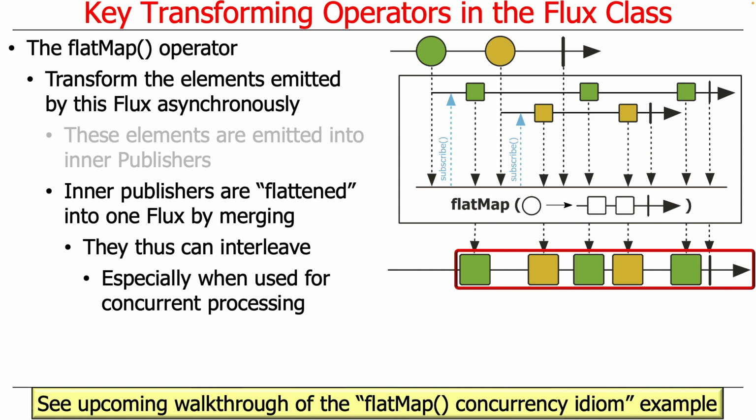And we're going to talk through the flatMap concurrency idiom here just in a moment, which is a very common way in which things can be interleaved. So if you look at the image here, you can see that we have a couple of different values that are coming in. That you have some things coming into flatMap, and then flatMap can also generate some other stuff. And so you can end up with interleaving of the values that it's processing and publishing.